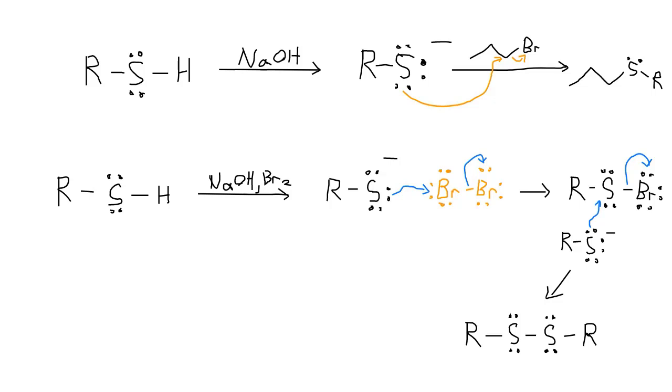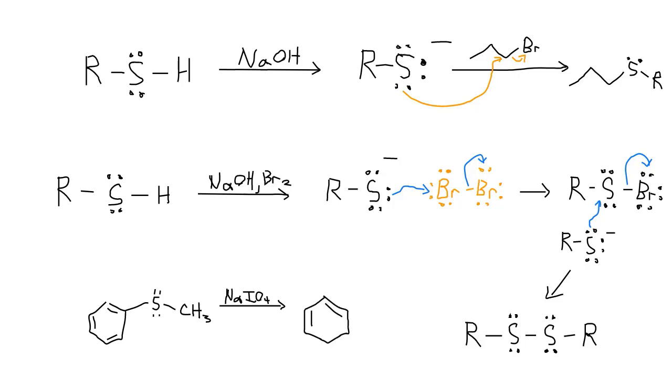You don't have to know the mechanism for this, but for example, if you had a benzene ring and a sulfur here attached to a methyl group, you could use sodium periodate, which is IO4 minus, and that would convert this to a sulfoxide.